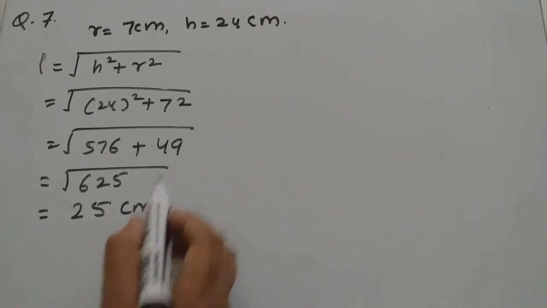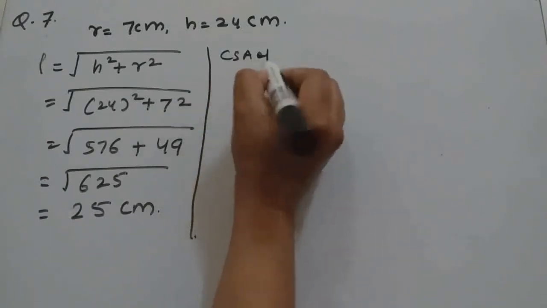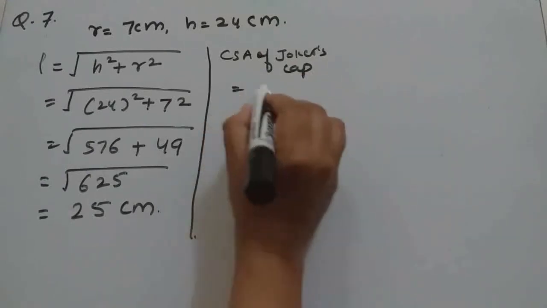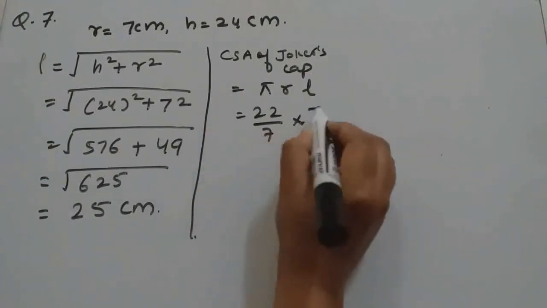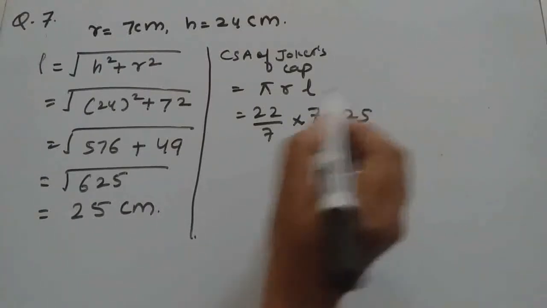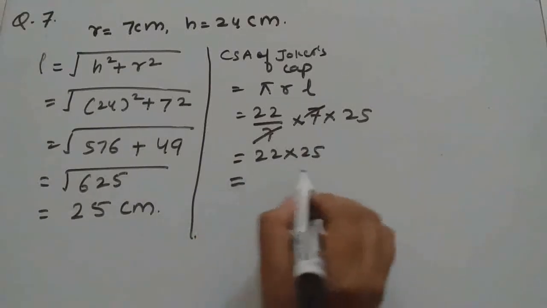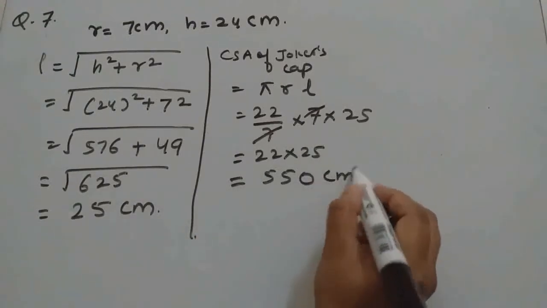centimeter. Now CSA. CSA of Joker's cap, or cone, we can write, pi r L. So 22 by 7, R is 7, L is 25. 7 will go, 22 into 25 will be 550 centimeter square.